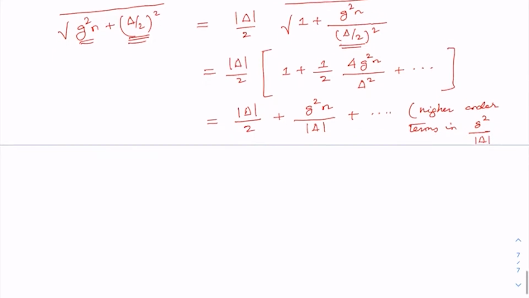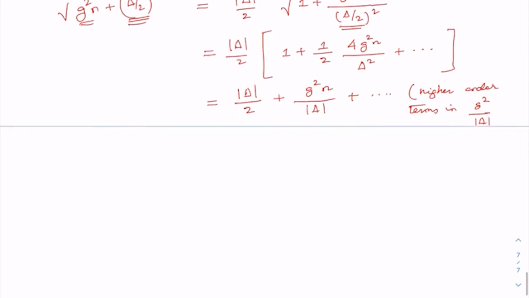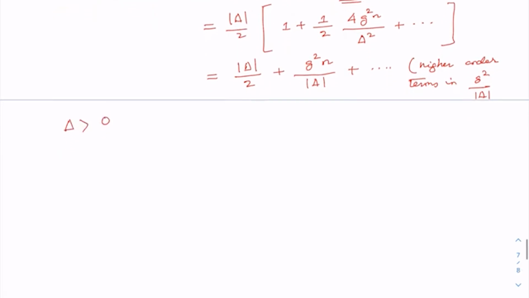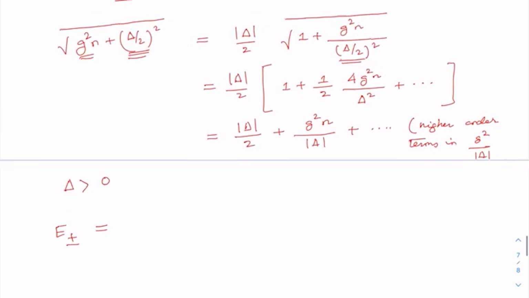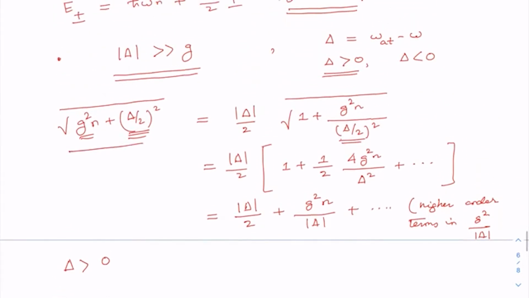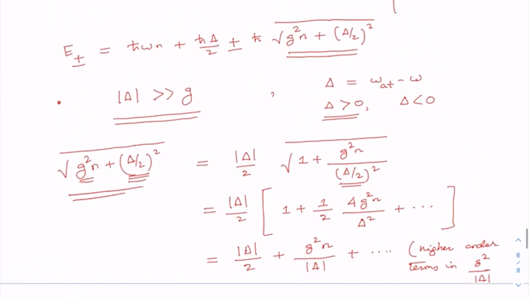Okay, so now as I said, for simplicity we are going to take Δ greater than 0, this detuning parameter. Then I can write my new energy levels E±. I just have to put this form here.